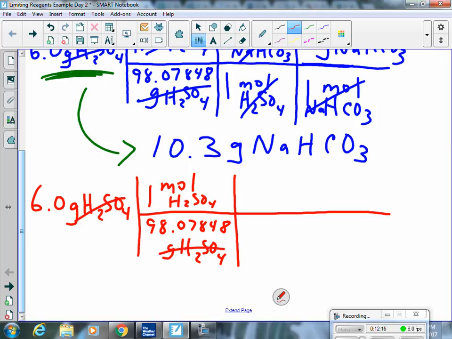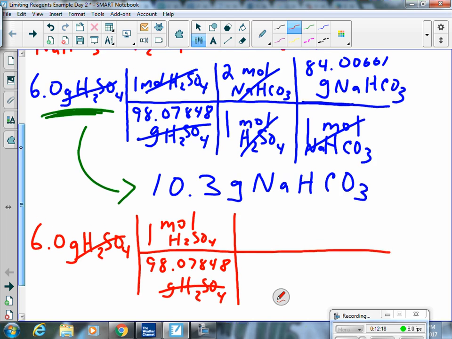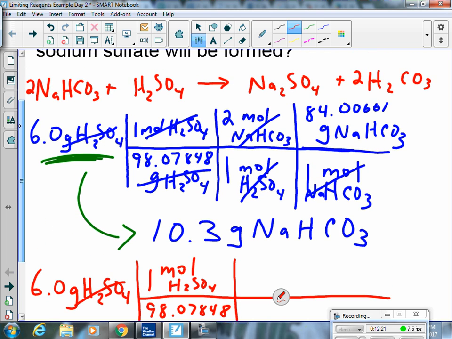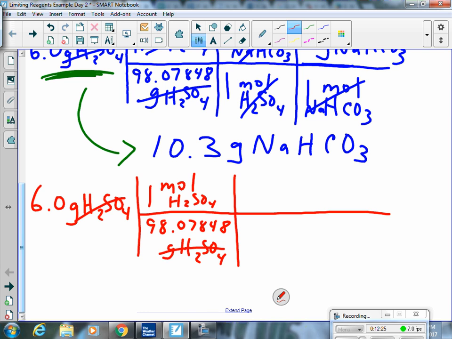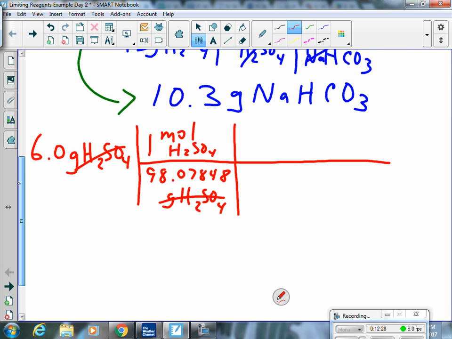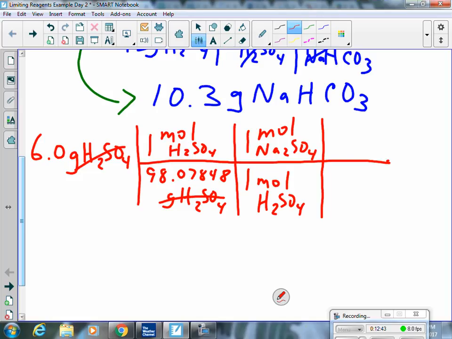I use my molar ratio, which is 1 to 1, right? I use my molar ratio. And I convert this back into a mass.